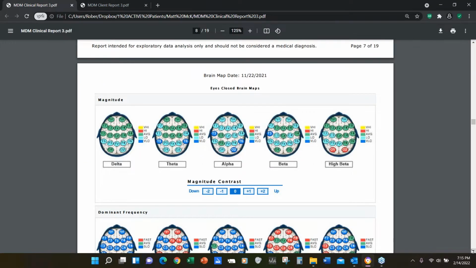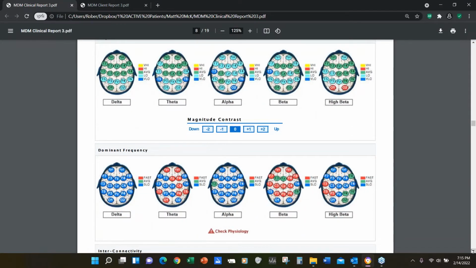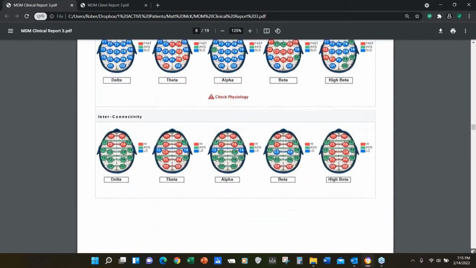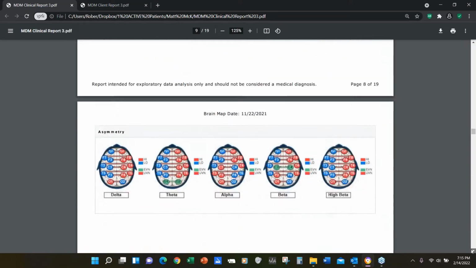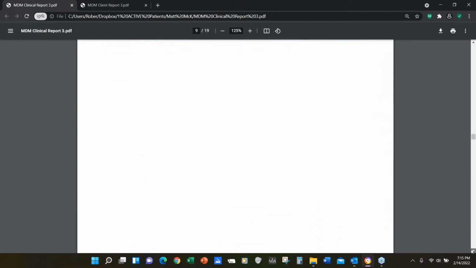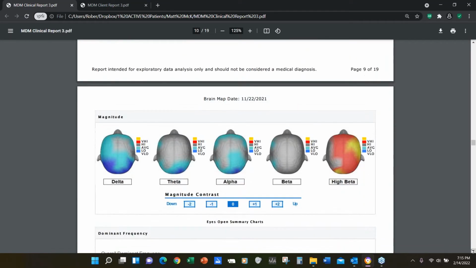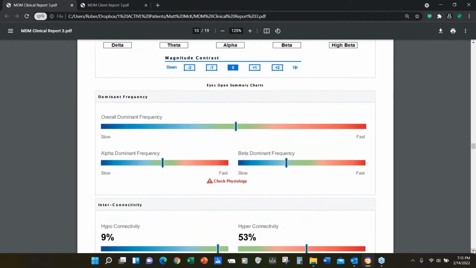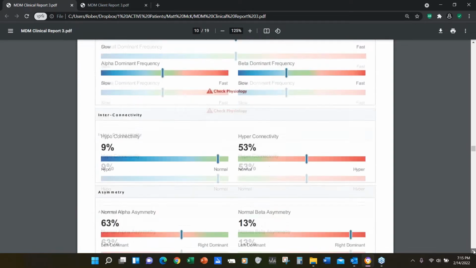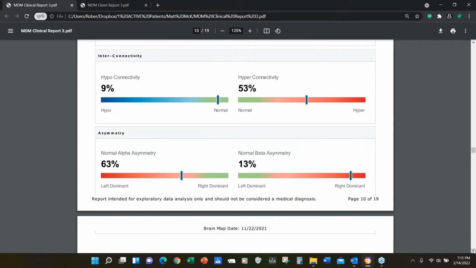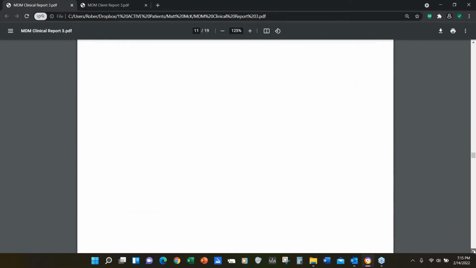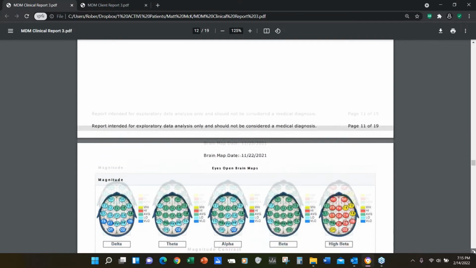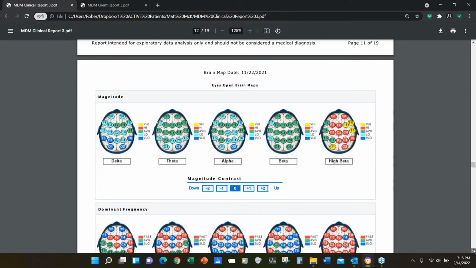And then you get down here to the protocols, keeping in mind again that you saw on the client report that the worst sites were FP1, FP2, O1, O2, and oftentimes your protocols will come up with very similar sites. Then, based on the map, it gives you a protocol number based on the NewMind protocols and how they're used with the map.